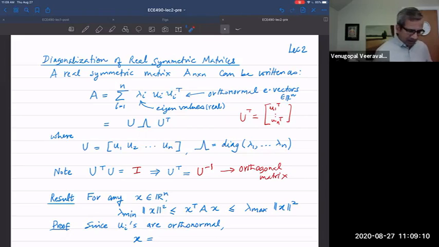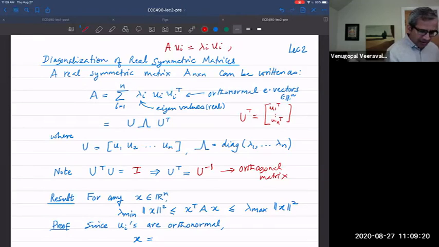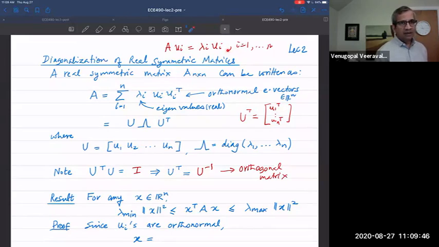You make use of the relationship A u_i equals lambda_i u_i, for i equal to 1 to n, and then you stack all these vectors on the right-hand side. You can do this at home. You'll see that the right-hand side will be a product of two matrices. So you basically show that A times U is what you're going to end up showing.